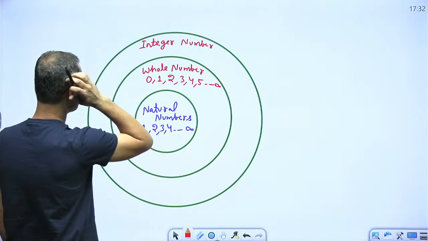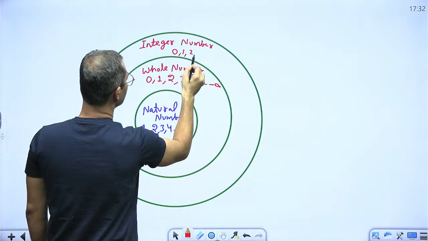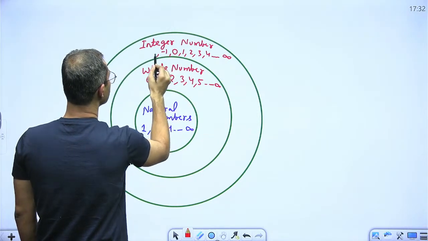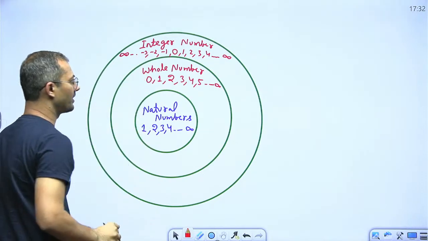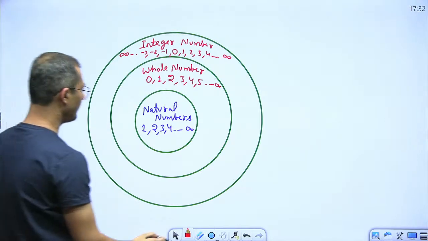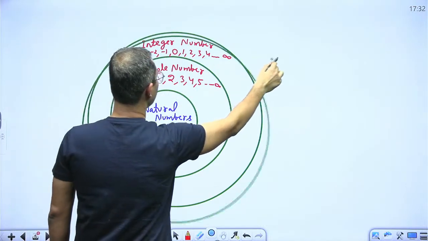So integers are what? 0, 1, 2, 3, 4 till infinity, and -1, -2, -3 till infinity. So we can represent the numbers like this also. We can have one more, a big circle.